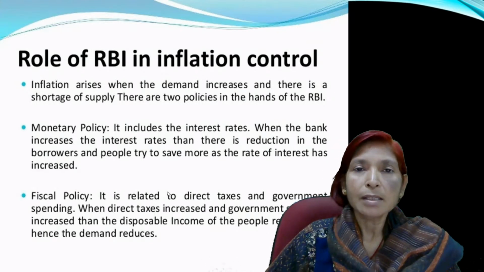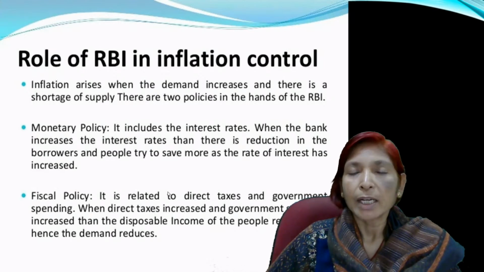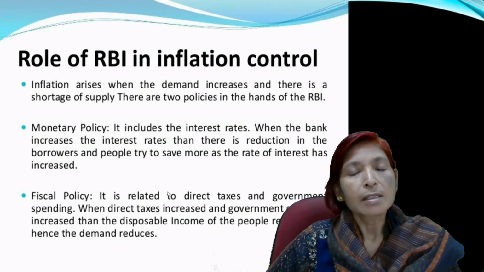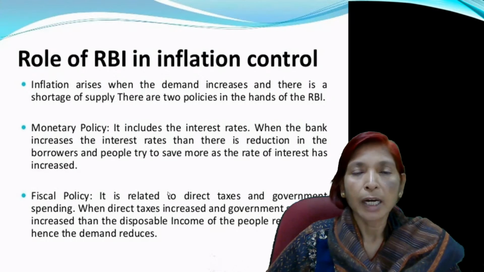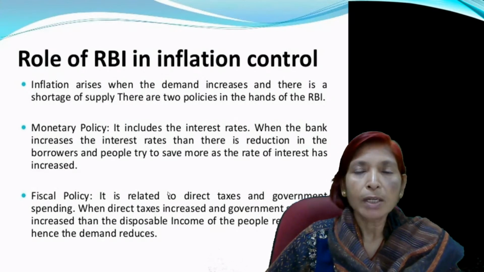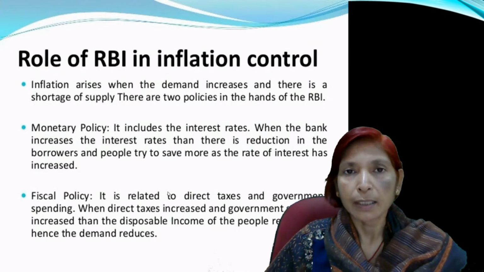In this session we have discussed the financial sector, the financial system of the economy, how it works, what the main functions and objectives of this financial system are, and what role is played by the Reserve Bank of India. Thank you.